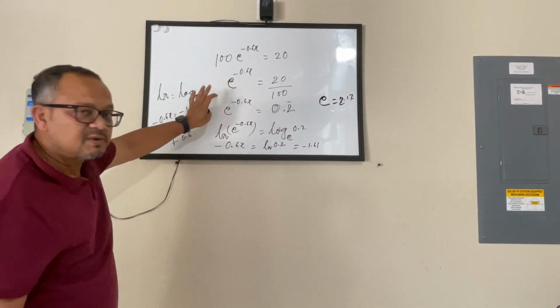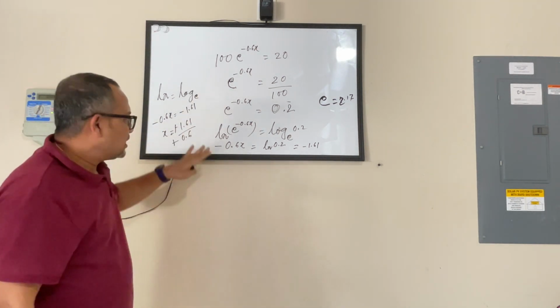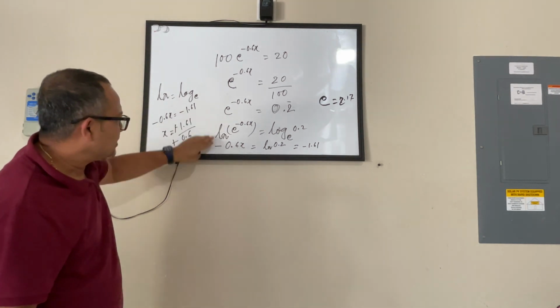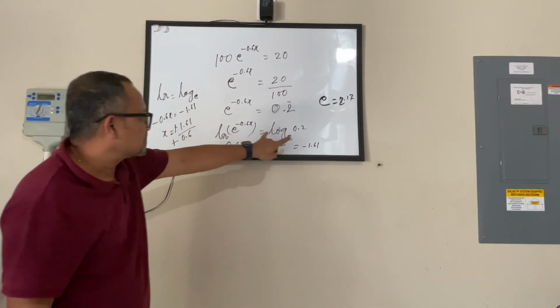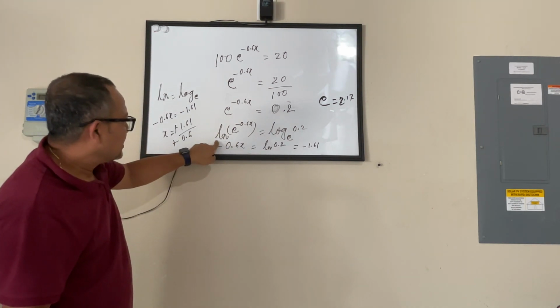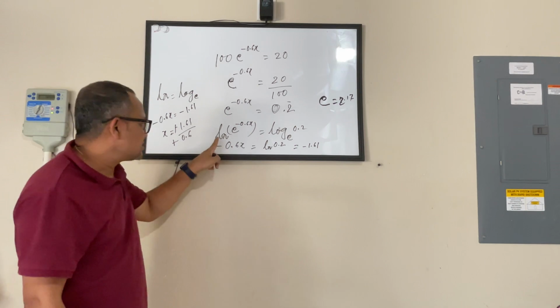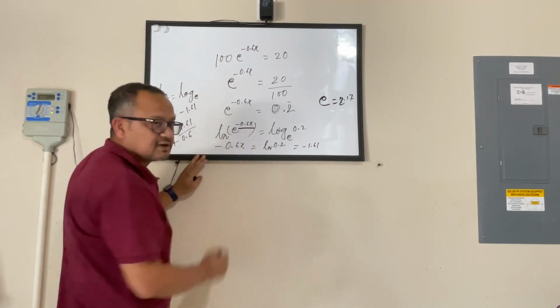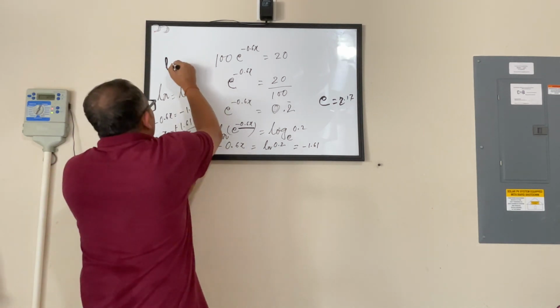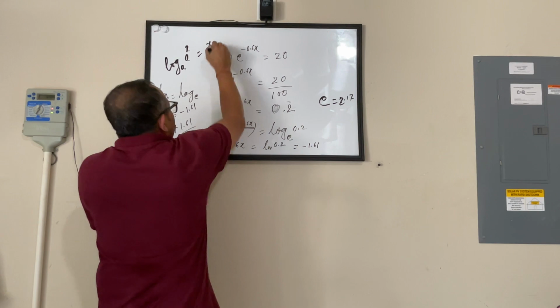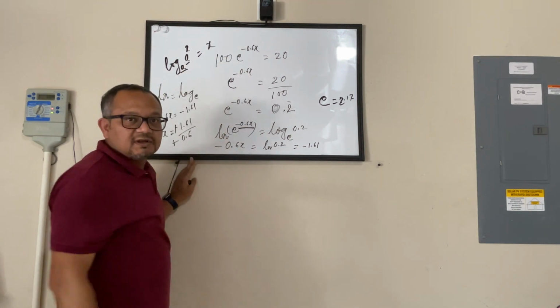Or say, okay, fine. e happens to be my base for the natural log. Let's use that. And we apply log on this one. Log on this side versus log of this side is this. Since in the case of natural log my base is e, this gets simplified to this value. Normal thing that we know: log of a to the power x is equal to x, because this is my base.